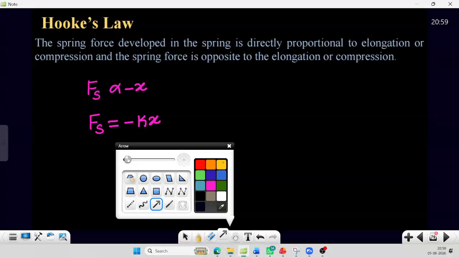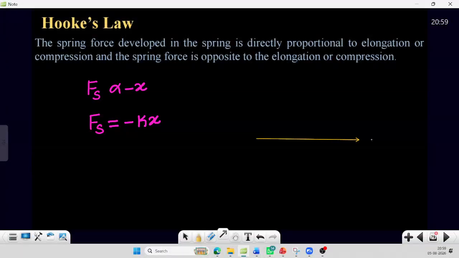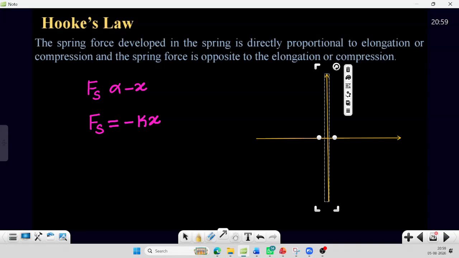Now, if we draw the graph between elongation x and spring force, the slope is a negative slope.